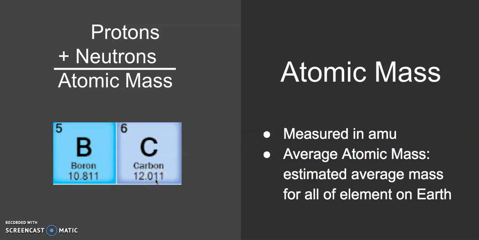And so carbon 12 means that definitionally we have 6 protons and then 12 minus 6, so the atomic mass minus the 6 protons, equals 6 neutrons. So the majority of carbon on Earth has 6 neutrons. Not all of it, but some. There's also carbon-13, which has 7 neutrons, and carbon-14, which has 8.